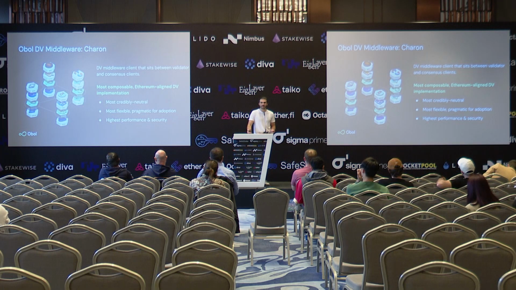And beyond that, and going a little more into the technical details, one of the things that I'm particularly happy with about how we've built distributed validators is the idea of making them a middleware, which means that Charon, our client, sits between a validator client and a consensus client and only intercepts the REST traffic between them, but does not have runtime access to the private keys.